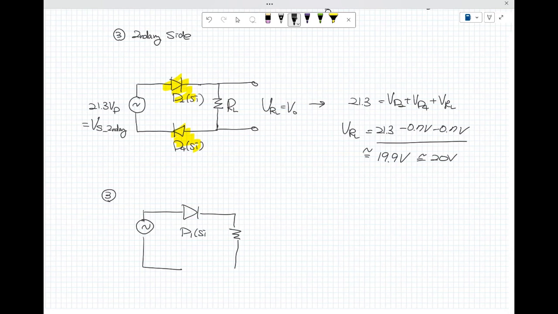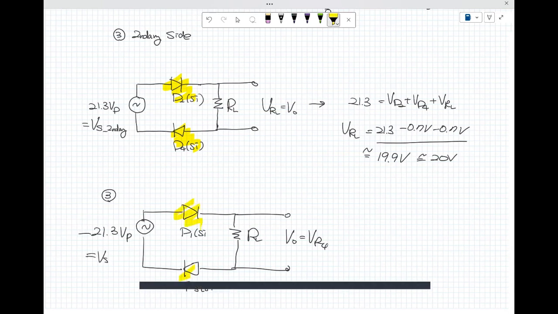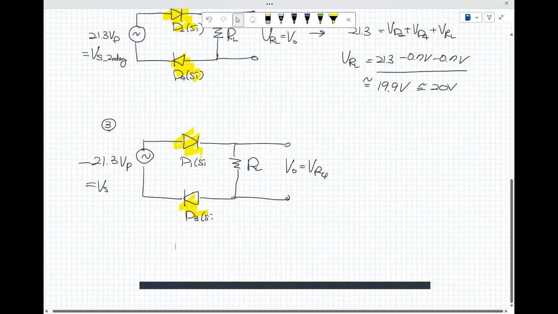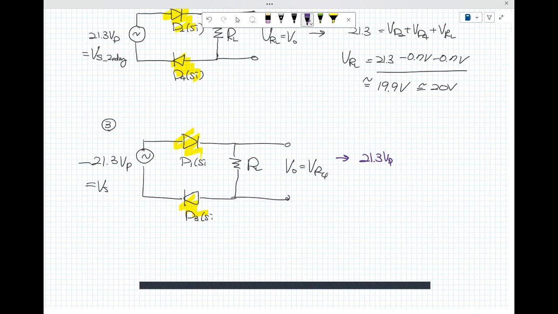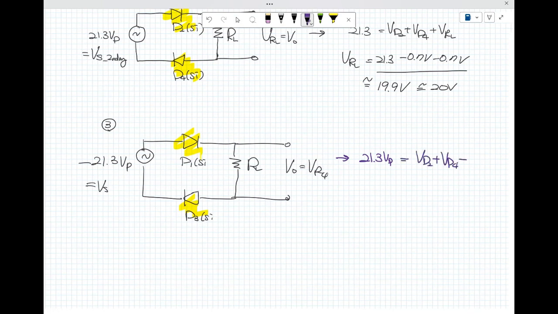This is R sub L and D sub 3 silicon. So the load resistor, the output voltage. This is the secondary part, this is D1 and this is D3 conducting. Same thing: V sub D2 plus V sub D4 plus V sub RL, so V sub RL is 19.9 volts.